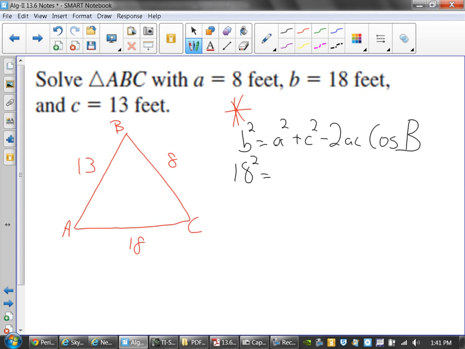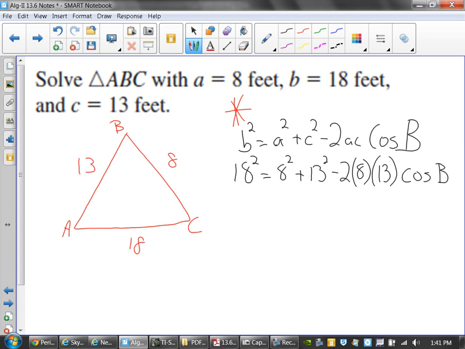Again, start filling in the blanks. You have 18 squared is 8 squared plus 13 squared minus 2 times 8 times 13 cosine of b. Here's what I want you to do here.